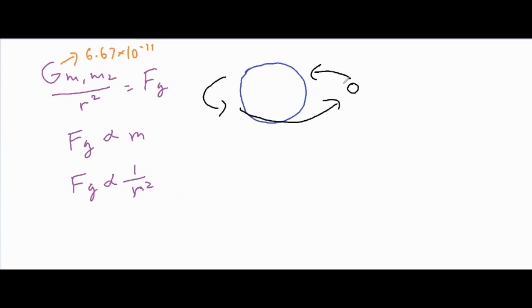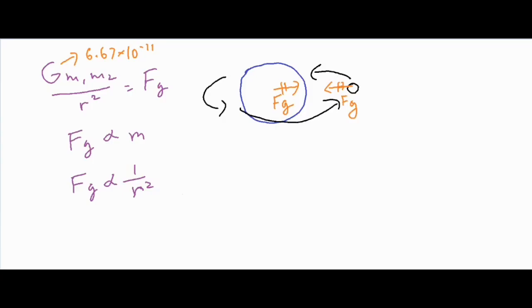If we were to draw the forces on the moon, as my picture stands, it only feels the force of gravity on the moon by the Earth, and then the Earth feels the force of gravity on the Earth by the moon. And then again, forces of gravity are always two forces of attraction that are equal and opposite to one another.